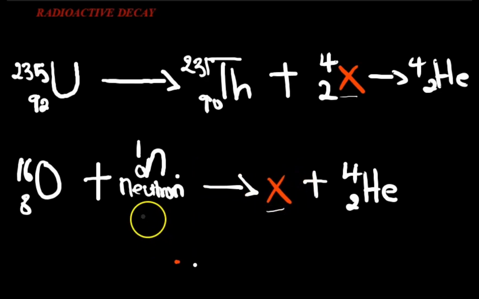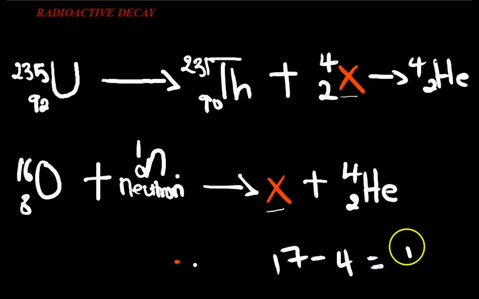So in total, the mass number we have for the reacting side is 17. That is 16 of oxygen plus the neutron particle, which has just 1 mass number, will be 17 for the reactant side. Now for the product side, we have just 4 mass number here, so it should definitely be 17 minus 4, that will be 13.